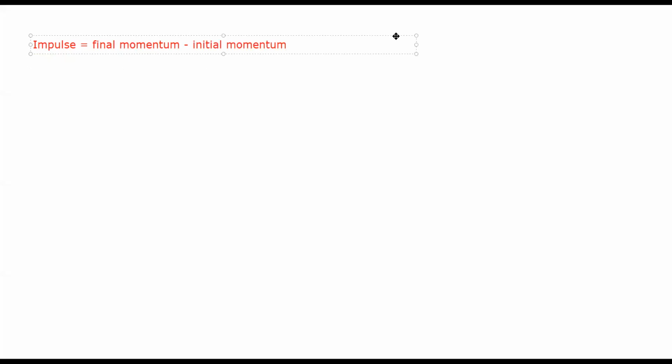So in terms of formula, if I say an object of mass m is initially moving with velocity u. After some time, the speed of the object changes, its velocity changes to v. So what is the momentum? Initial momentum is mu and final momentum is mv.